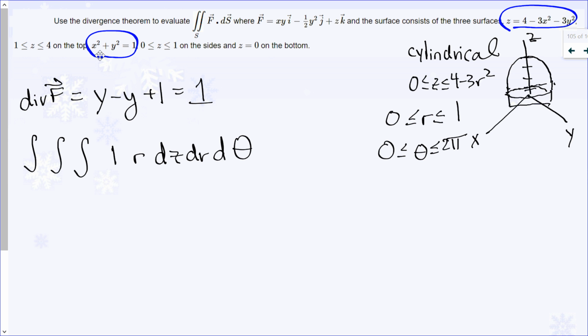And we have our z bounds from 0 to 4 minus 3r squared, and then 0 to 1 and 0 to 2 pi. So the inner integral is just going to be zr, and filling in the bounds, it's just going to be 4r minus 3r cubed.